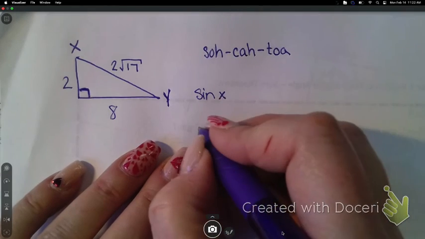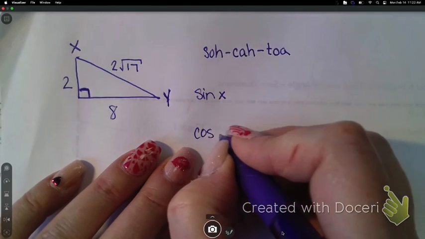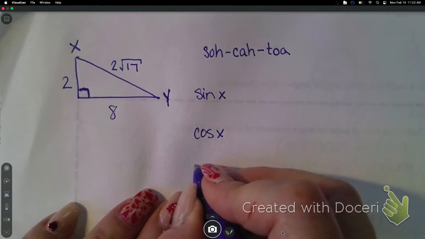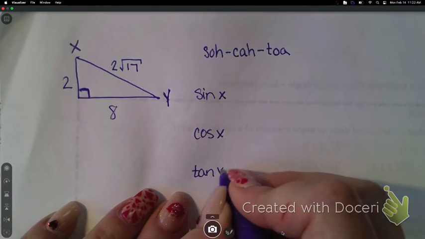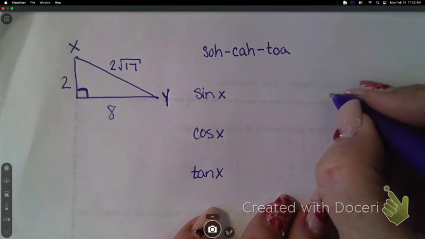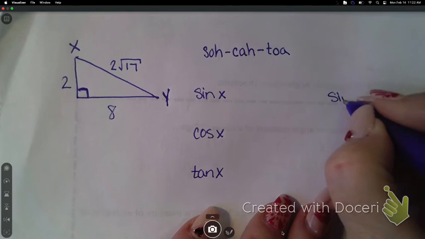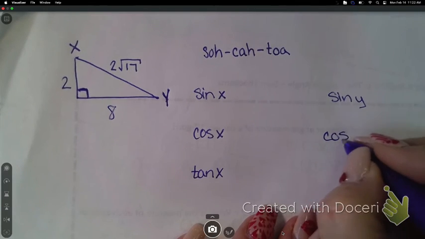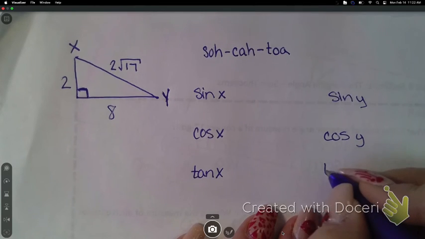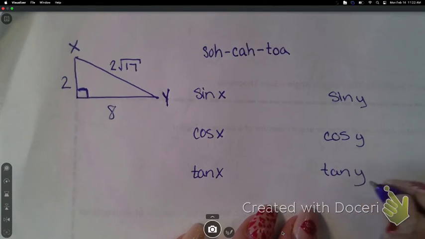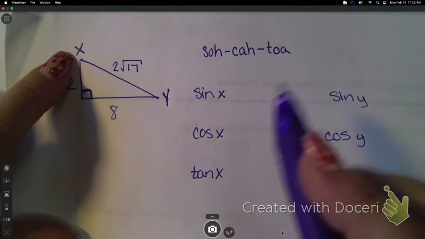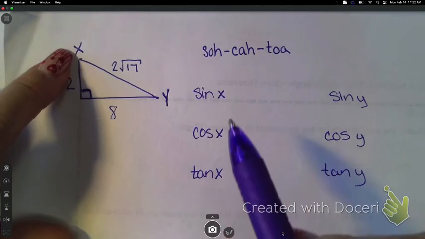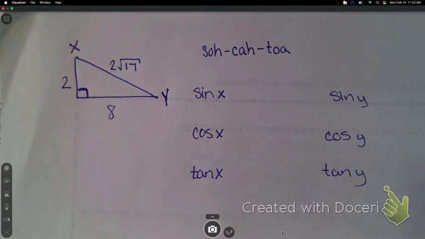So sine of X, cosine of X, tangent of X, sine of Y, cosine of Y, tangent of Y. So find X, and sine is opposite over hypotenuse. So put opposite over hypotenuse. We'll simplify in a minute, but just fill in all your ratios.